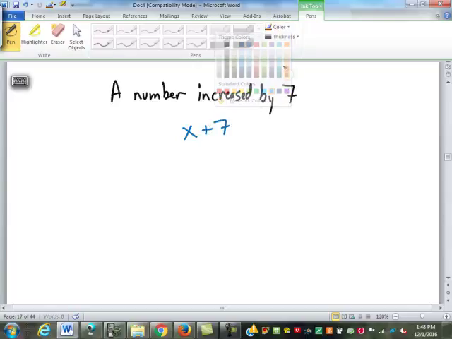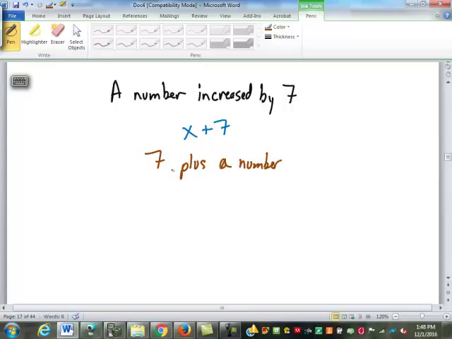What are some other phrases that might represent x plus 7? Okay, 7 plus x. 7 plus a number. A number plus 7, there you go. 7 more than a number.